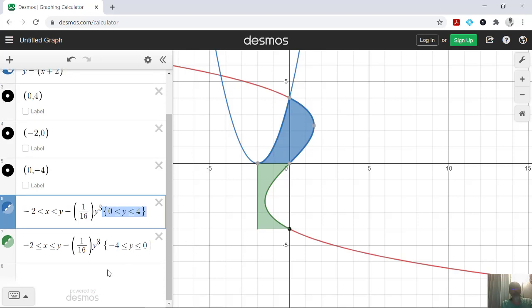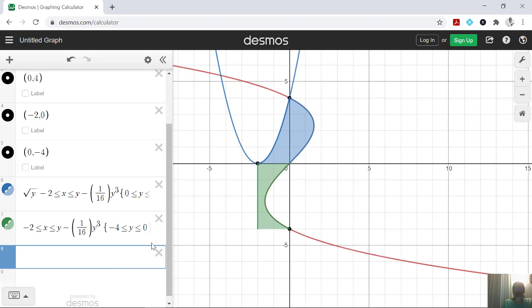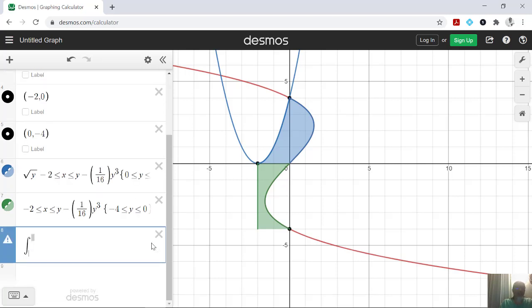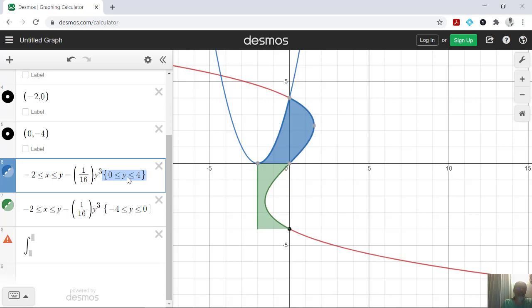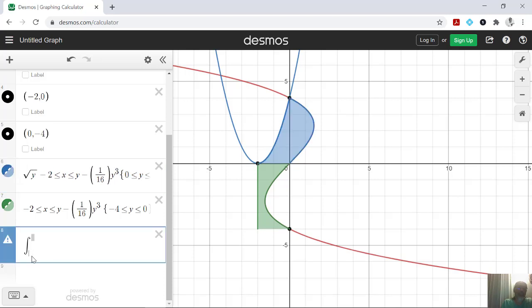Well, the bonus part is that Desmos, I don't know if you knew it, does integration. So int is your magic keyword for integration. If we focus on the first one, the outer limits are going to go from 0 to 4 for the y. And not only does it do regular integration, it does double integration.